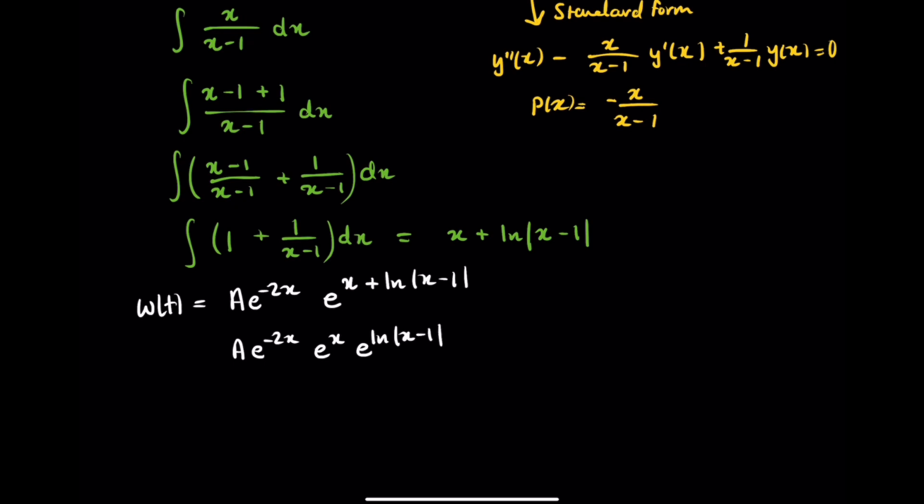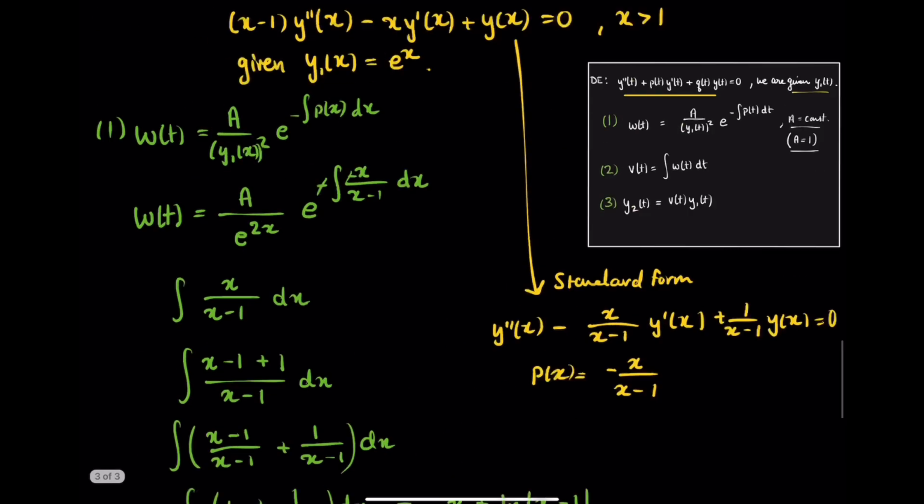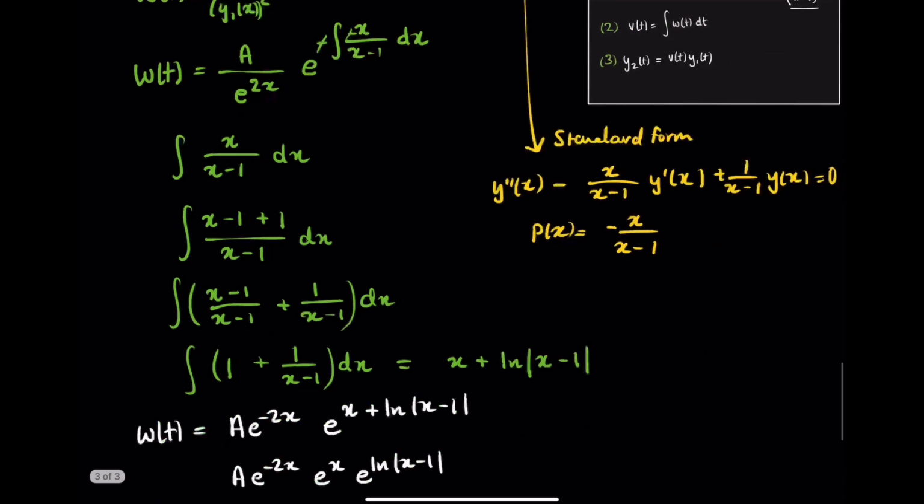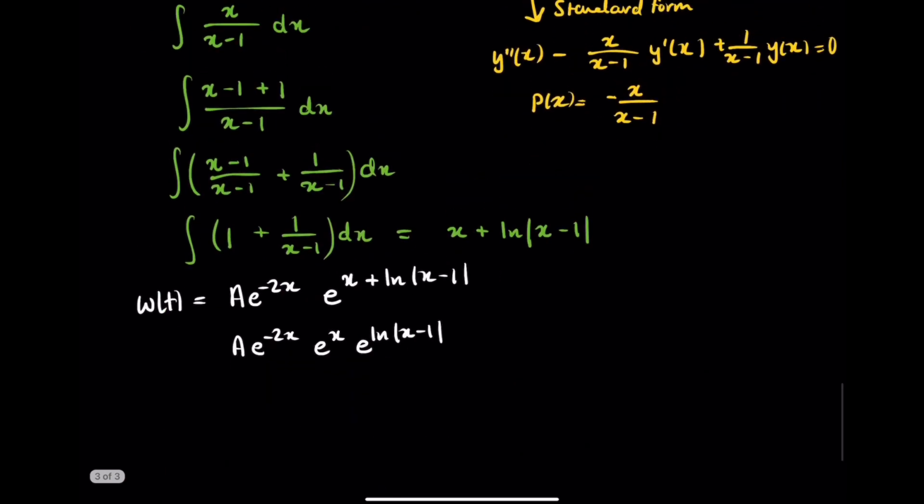And then we know from up here that x is greater than 1. So that means that we can get rid of this absolute value, because x is greater than 1. Okay, so that's why we can get rid of the absolute value.